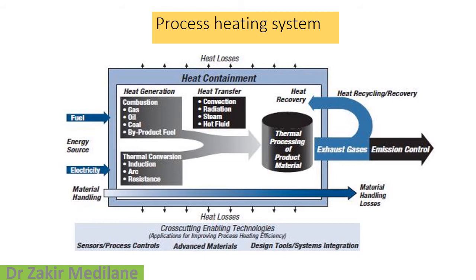Combined, this forms the heat thermal processing of the product material. Then gases are exhausted, and with those exhausted gases the heat is recovered, and finally emission is controlled. So this is the general example of how aseptic processing is performed, and what movement of heat transfer is observed.